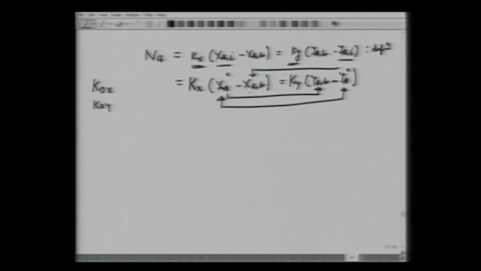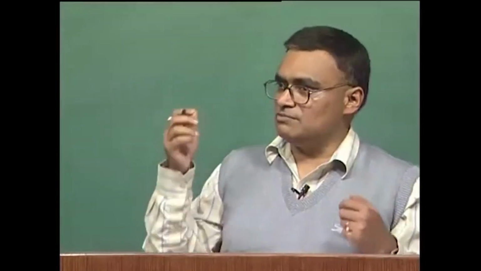In reality, the bulk liquid phase and the bulk gas phase don't see each other. They are miles apart. We have the interface here. We have the bulk concentrations of gas and the liquid here. They don't see each other. What they see at the interface is the interfacial concentration, XAI and YAI. But we don't want to use that because that's the interfacial concentration that cannot be measured.